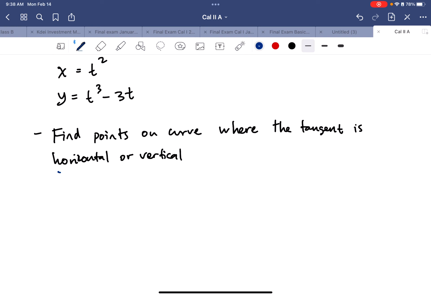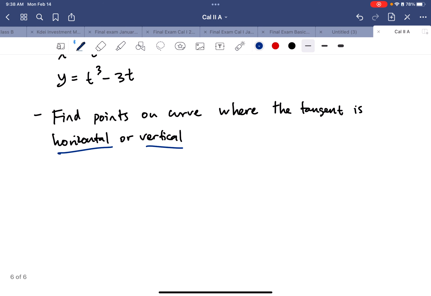Okay, so for horizontal or vertical tangent, if you remember, we will have this horizontal tangent if dy over dx is equal to 0, right?